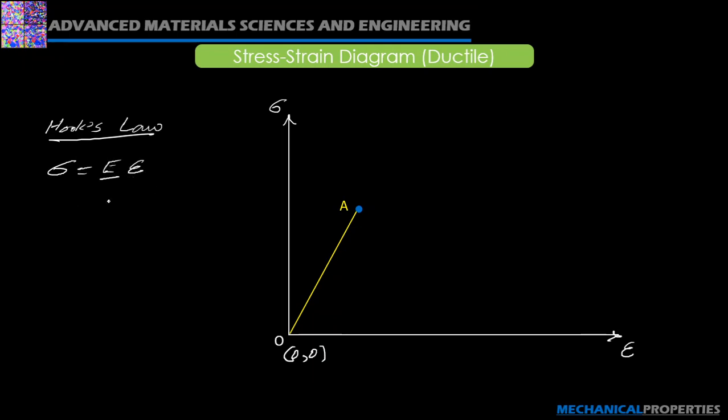This E is the modulus of elasticity, that is constant, and that is the slope of the inclined line. So stress is directly proportional to the strain. This point A is termed as the limit of proportionality.